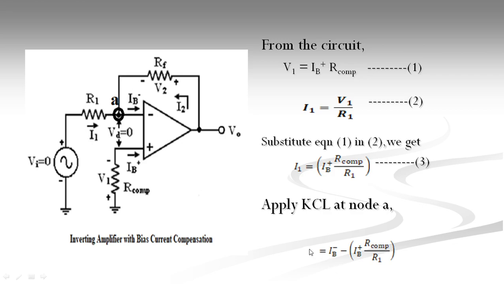We can write the equation as I1 plus I2 equal to IB minus, or from that, I2 can be written as IB minus minus I1. What is I1? From equation 3, we already know I1 is IB plus into R compensation divided by R1. Substitute equation 3 in the place of I1 here, and that will give equation number 4. So from equation 1 we got the V1 value, and from equation 4 we got the I2 value.